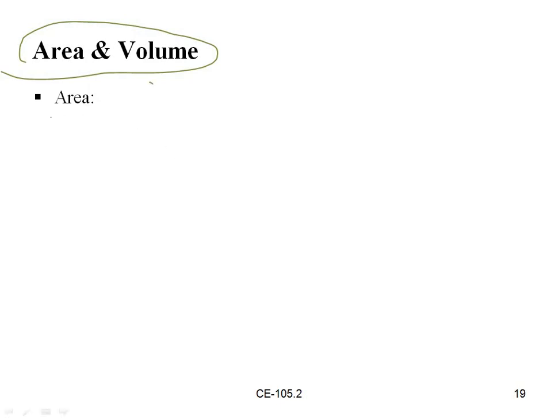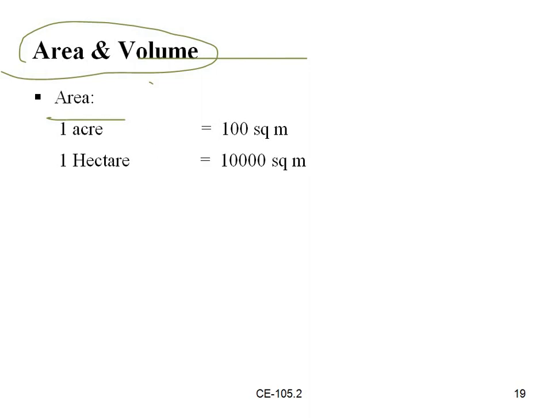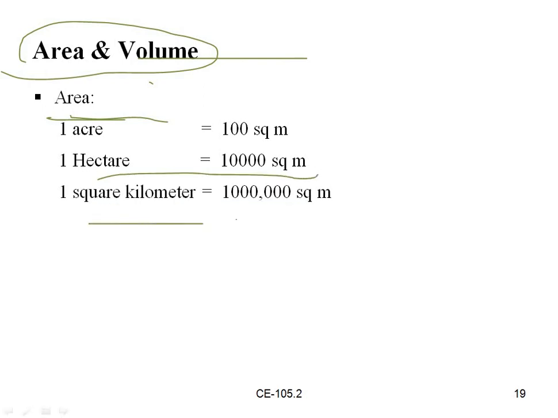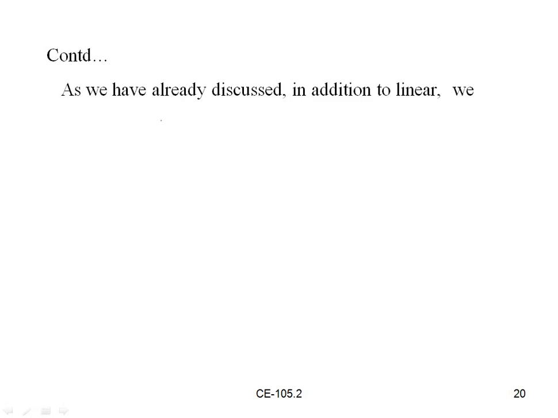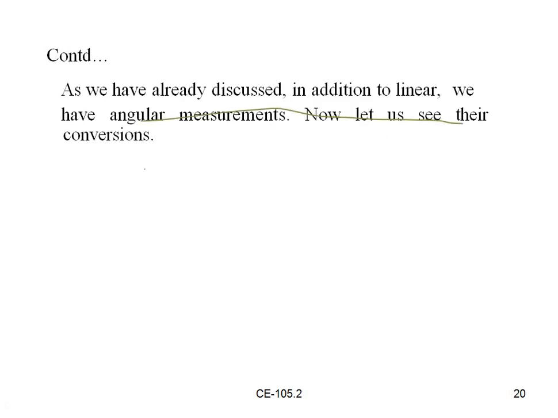Area: 1 acre is equal to 100 square meters, whereas 1 hectare is equal to 10,000 square meters. 1 square kilometer is equal to 1 lakh square meters. Volume is expressed in cubic meters. And as we have already discussed, in addition to linear we have angular measurements. Now let us see their conversions.